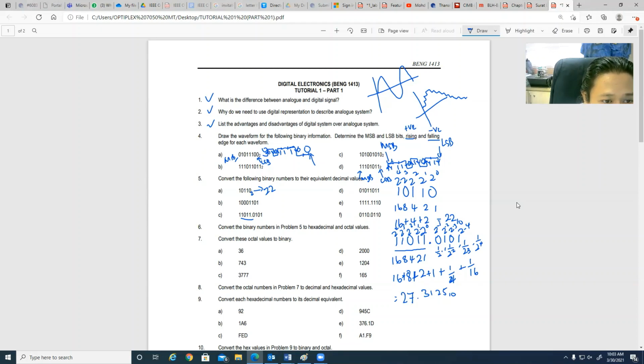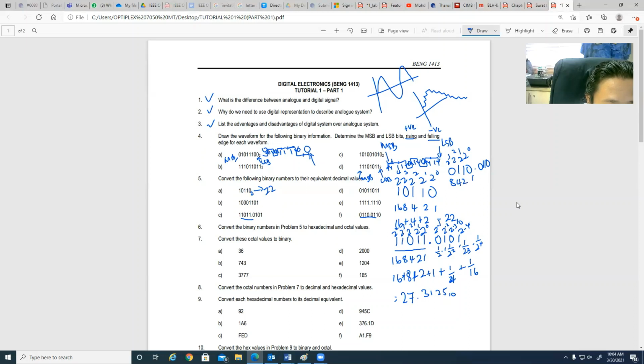Okay, so I think we try another example here, for F. For F, you can solve using similar techniques. 0 1 1 0 point 0 1 1 0. This one is 2 power of 0, 2 power of 1, 2 power of 2, 2 power of 3, so this will be 8, 4, 2, 1.